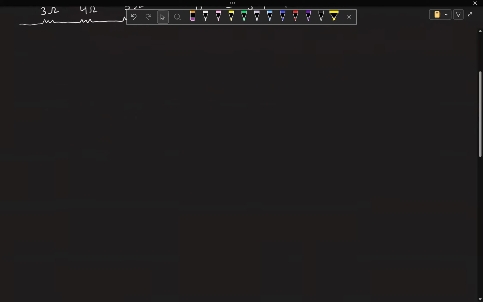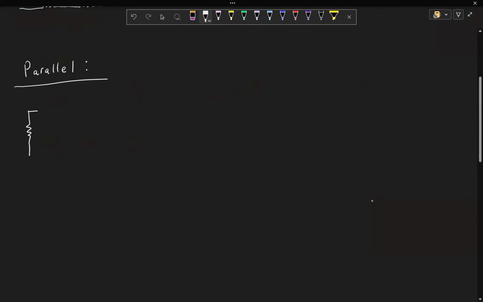So now for parallel, that's when you have resistors connected as if they're parallel lines. So something like this. R1, R2, R3.